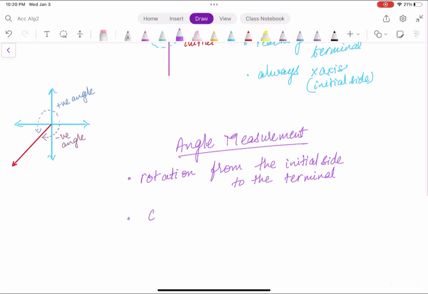Then we label these angles, or we consider these angles, in terms of degrees. And a complete revolution about the vertex, from where we are creating the angle, is 360 degrees.